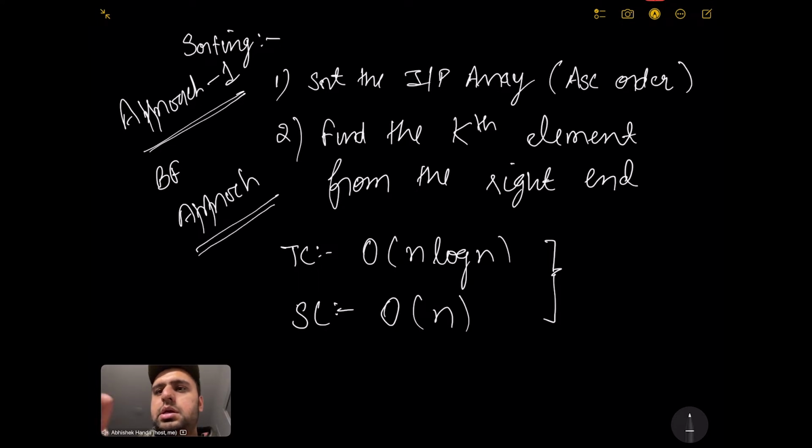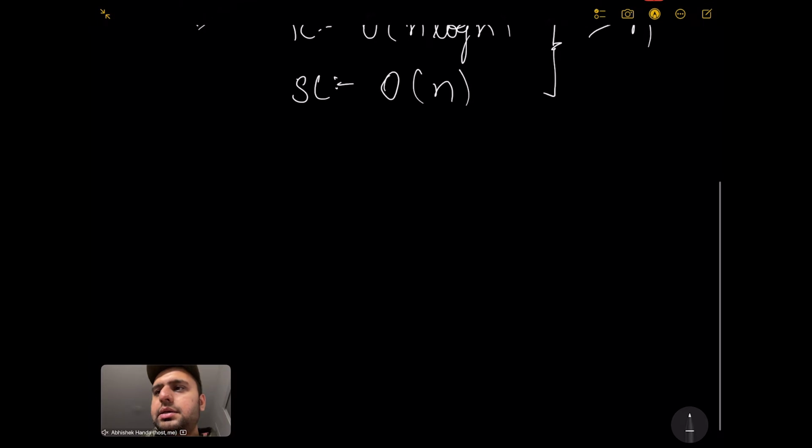Since the time complexity is greater than n, we need to think of something better, as asked in the problem statement. The second approach which comes to my mind is using a hash map, maybe hashing.